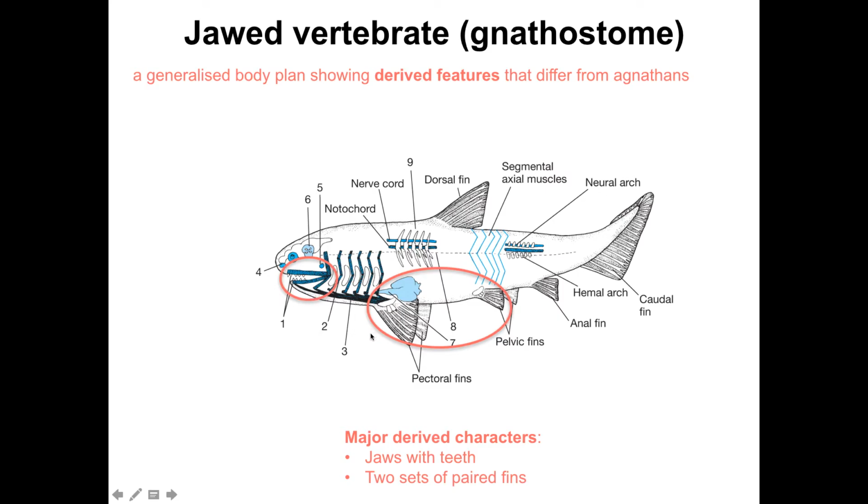And they have two pairs of paired appendages, pectoral and pelvic, and fish have fins. They have a gill skeleton, which consists of jointed branchial arches and enhanced gill muscles here in this pharynx region.